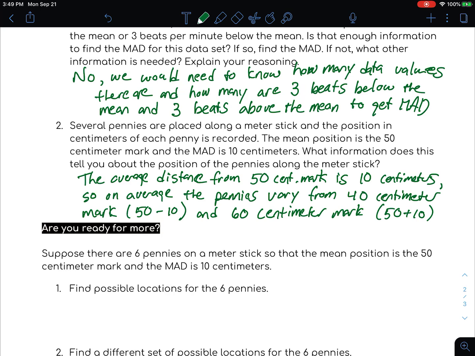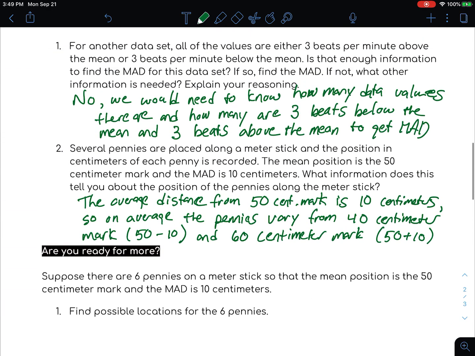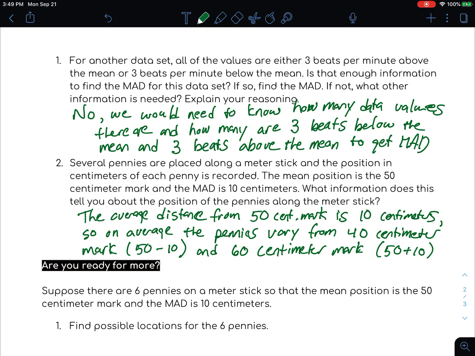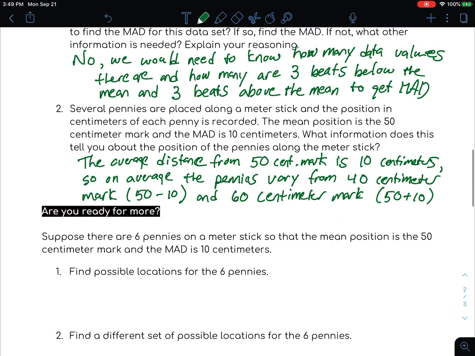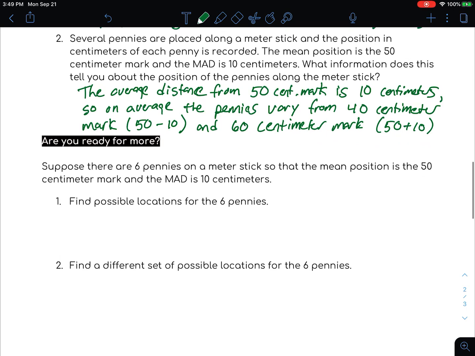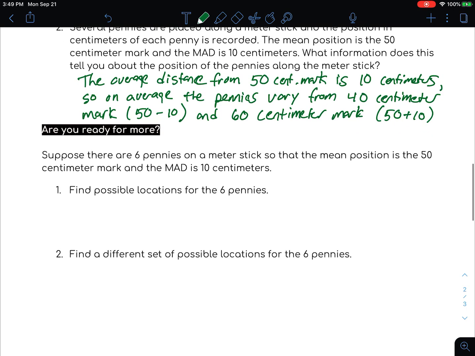All right, so kind of on average, the pennies are going to be between the 40 centimeter mark and the 60 centimeter mark. All right, so I'd like you to take a look at the questions below then, and see if you can think about what the answers may be for those questions and write those in.